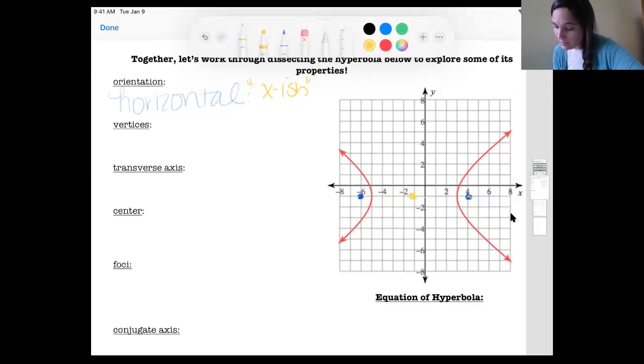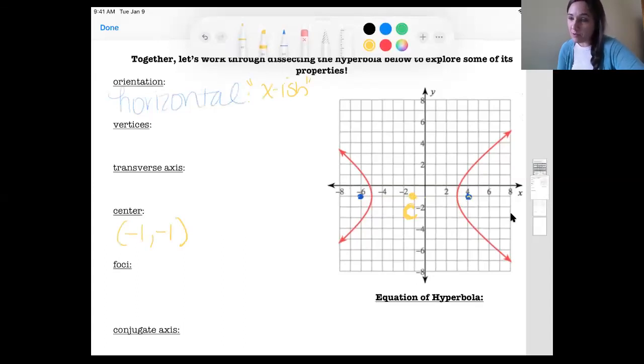So there are 10 units in between our two foci. If I split that in half, I'm right there. So there's my center. I'm going to label it with a C. I'm going to fill in my center part because that's what I figured out first. So my center here is at the point -1, -1.